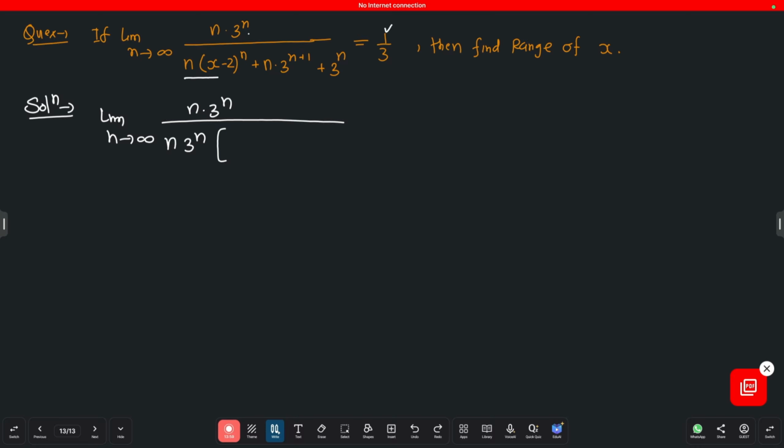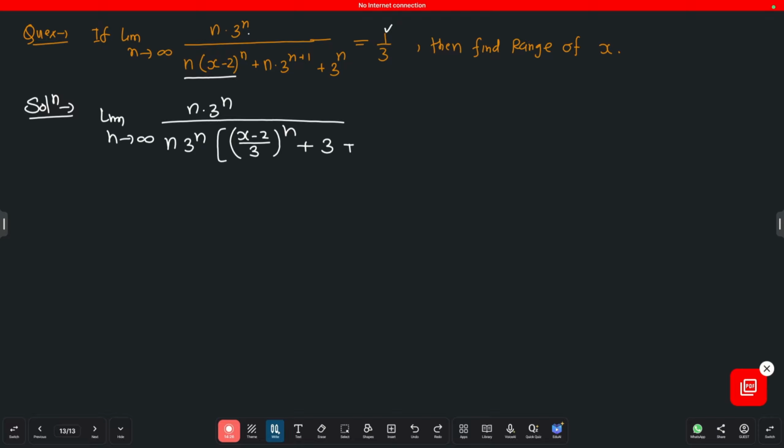In this term n is already common, correct? 3 power n is not there, so we can write x minus 2 upon 3 whole power n. Are you clear? Because 3 power n is not there. I just combine. Next step, n common, 3 power n common, only 3 remaining, correct?